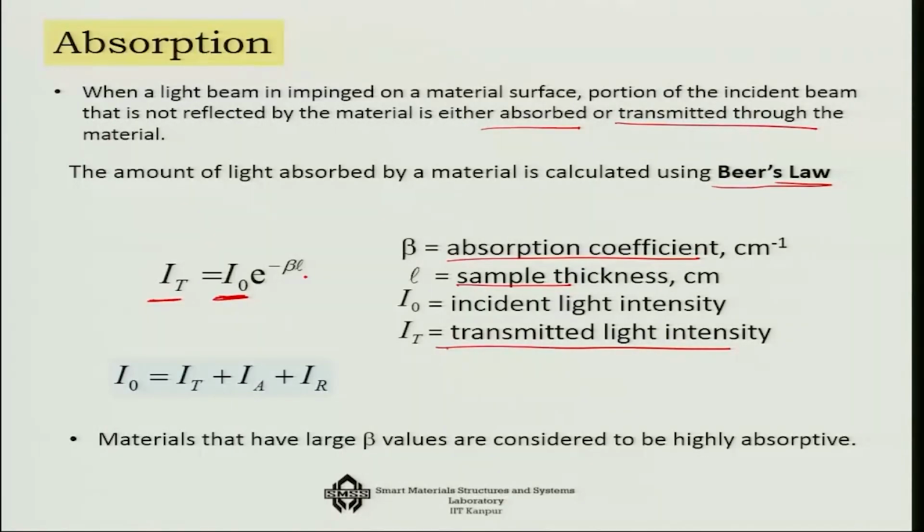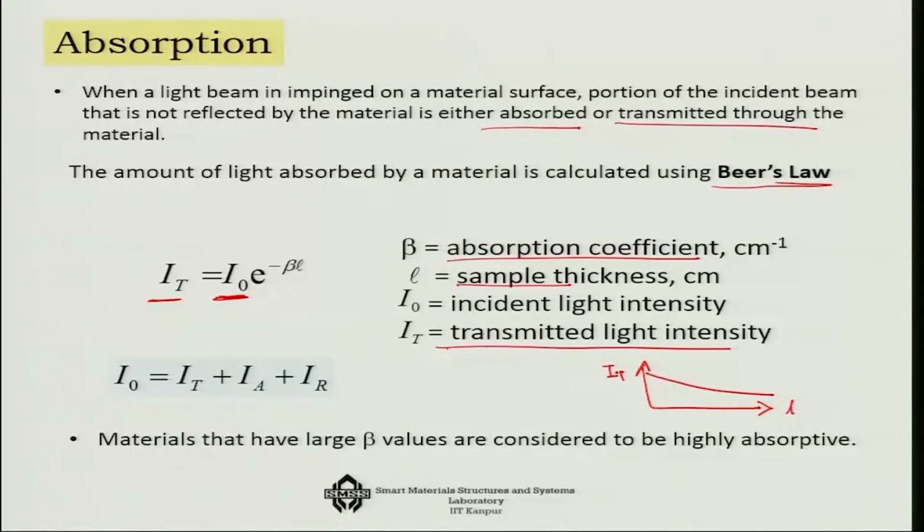So, the intensity IT, with respect to the thickness as well as with respect to the absorption coefficient, will follow an exponential way of falling down. With respect to length, or if I consider the absorption coefficient beta, either of them, it exponentially falls down.